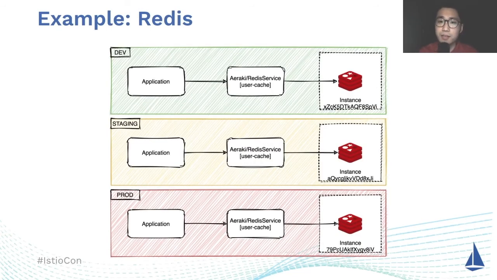Here is an example. The application's Redis traffic is managed by Aeraki. In all environments, the applications access the actual Redis through Aeraki's Redis service. It only knows the name of Redis, user cache.